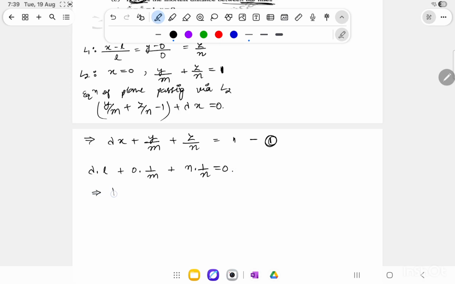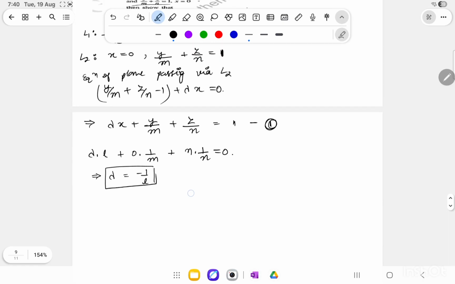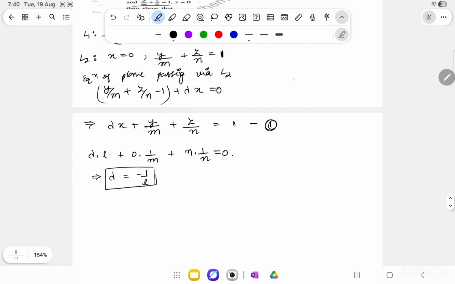So from here I got λ as −1/l. Let's say this is my line L1 and this is my line L2. I have assumed a plane which is passing via line L2. My shortest distance line will be perpendicular to both line L1 and line L2.